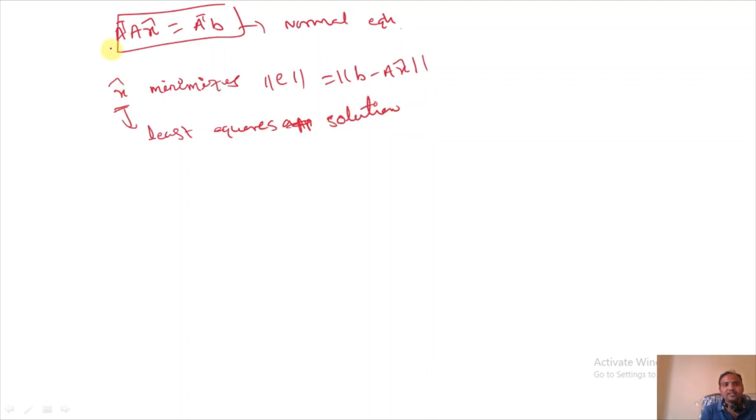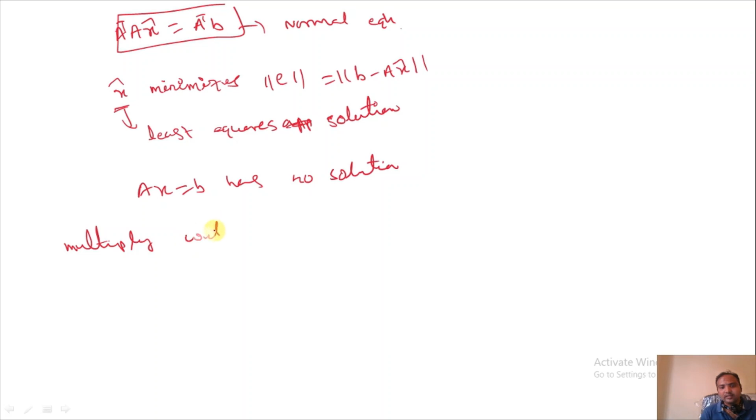So now, how to find this x hat? Already we discussed this. Whatever the given system Ax equal to b, suppose the system has no solution. Multiply both sides with A transpose.